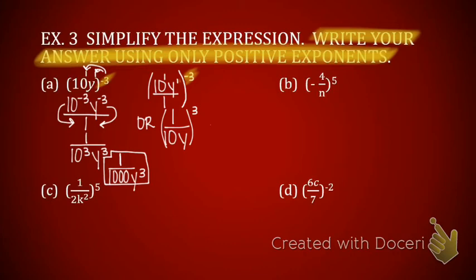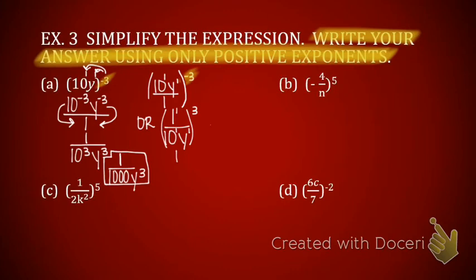So the 1 that we now have is 1 raised to what power? No, not on the inside. We're still looking at it right now on the inside. It's 1 to what power? 1 to the 1st. 10 to the 1st. Y to the 1st. So when we apply the 3, we're applying it to every single exponent on the inside.